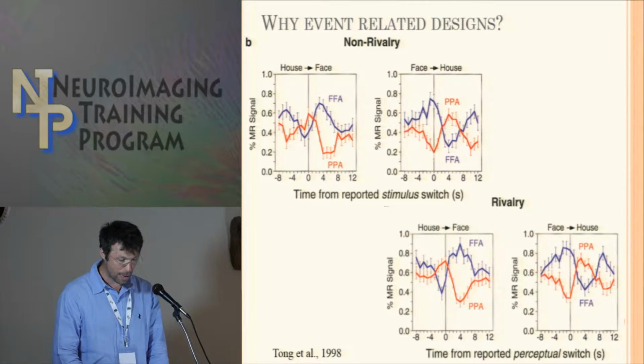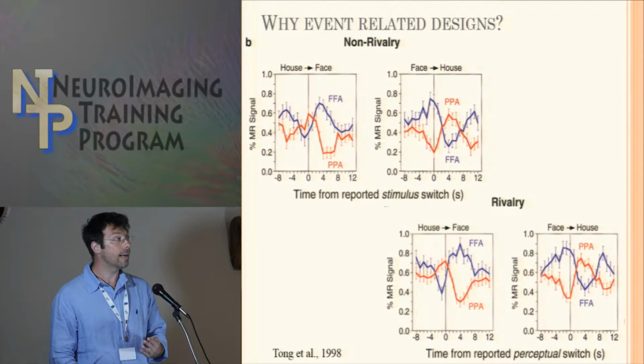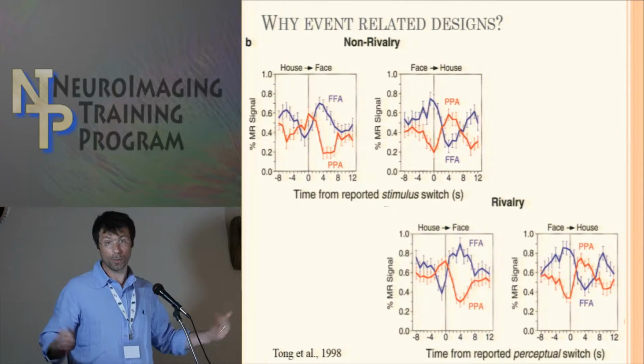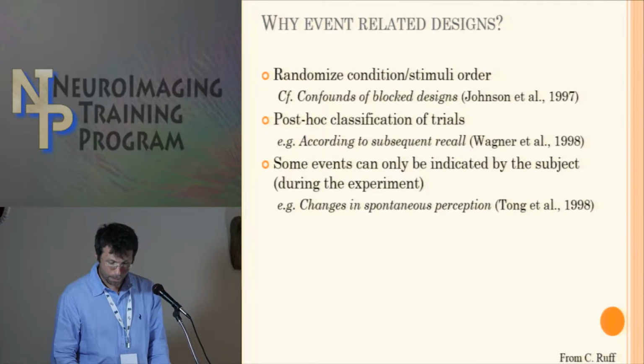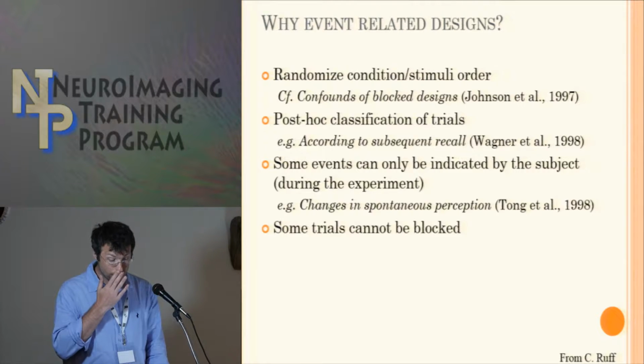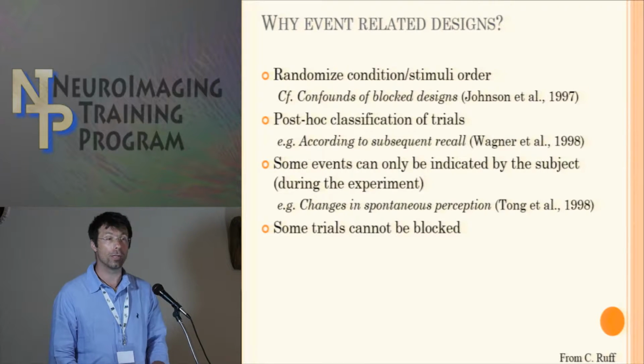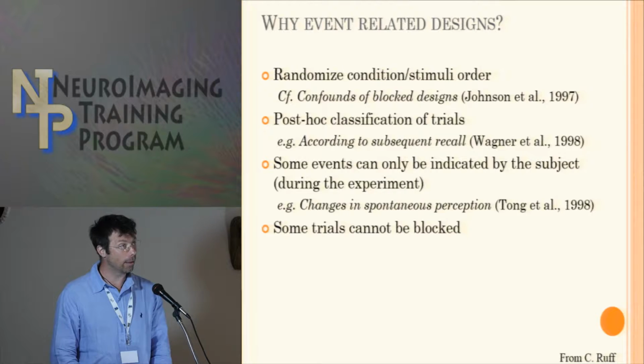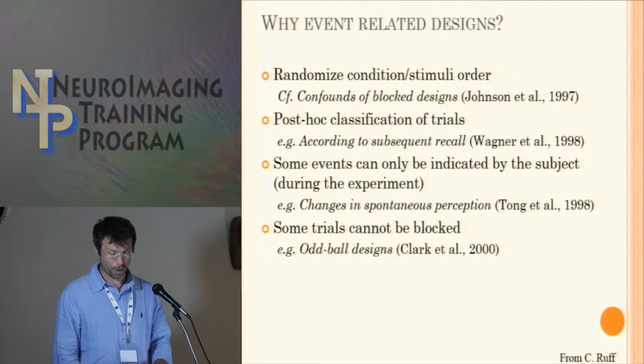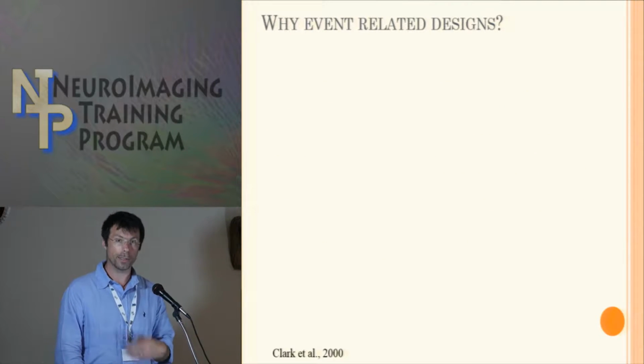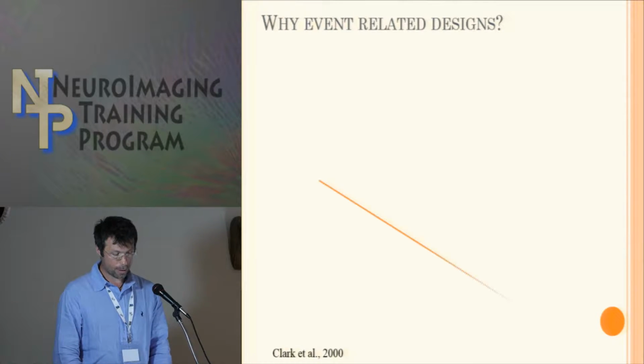And what is interesting is that pretty much the same thing happened when it was your perception changing, but the stimulus was identical, right? So the stimulus you're seeing is the same ambiguous stimulus, but your own perception is shifting. You see a very similar thing, right? For example, here from house to face, here's suddenly the FFA getting all excited and the PPA getting all depressed. So again, this is a condition in which a block design just couldn't work.